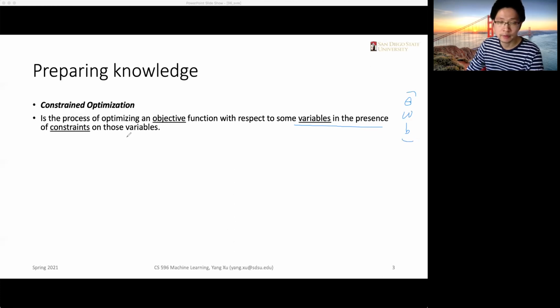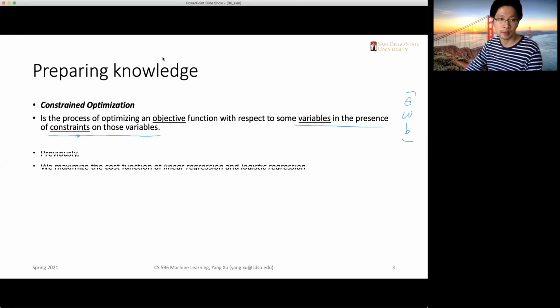The difference here is that the constrained optimization problem has some other constraints on those variables. They are not free variables. We cannot have arbitrary values for these parameters. That makes things a little bit different and much trickier.